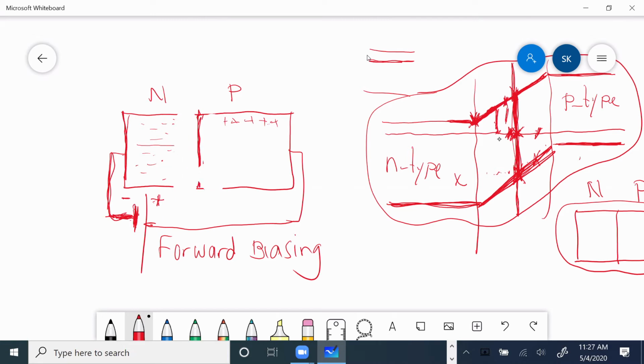That was the original depletion region without the bias, it was this wide. Now it's becoming this wide.